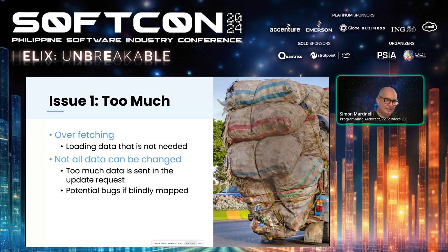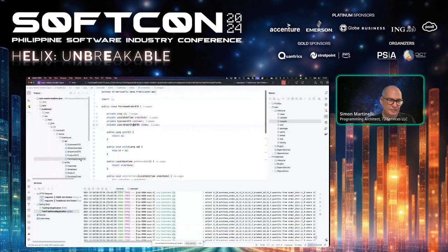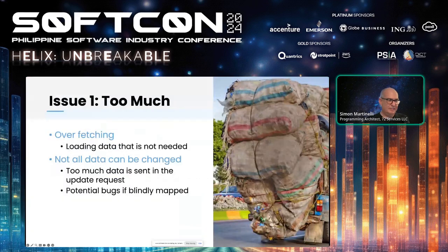On the other hand, maybe not all data can be changed. So if we have a look at my DTO, you will see the DTO also includes, for example, the ID. Now if I get the data, having the ID in the content is fine. But when we want to update the data, probably that's not a good ID because we cannot set the ID.